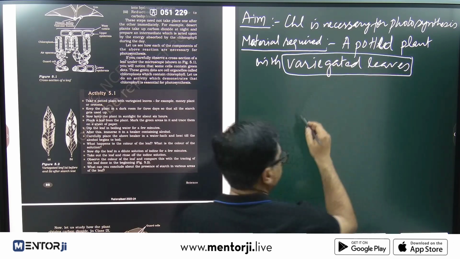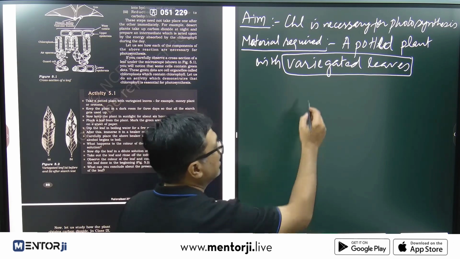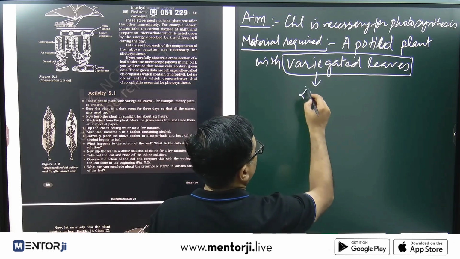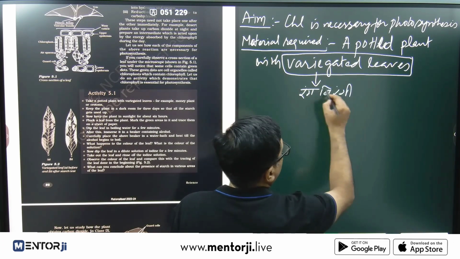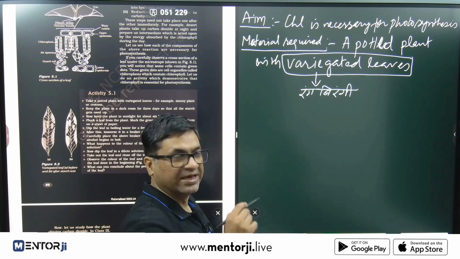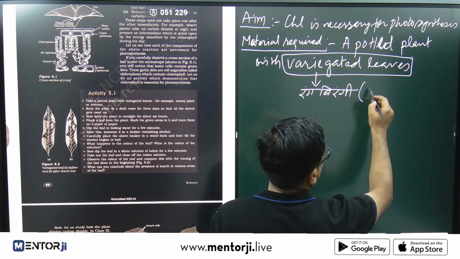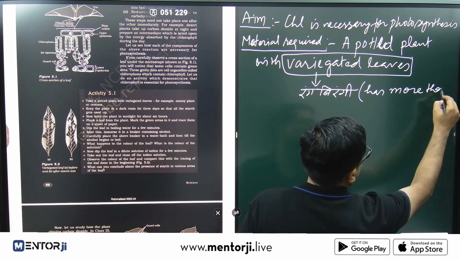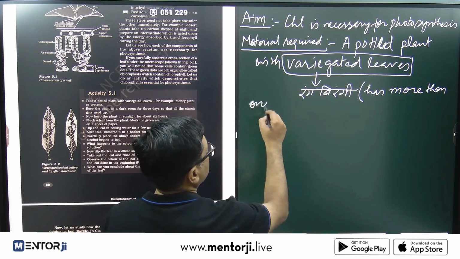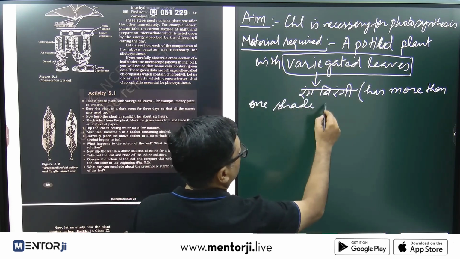Variegated का मतलब होता है रंग बिरंगी. रंग बिरंगी का यहां से मतलब ये है that it has more than one shade of green.